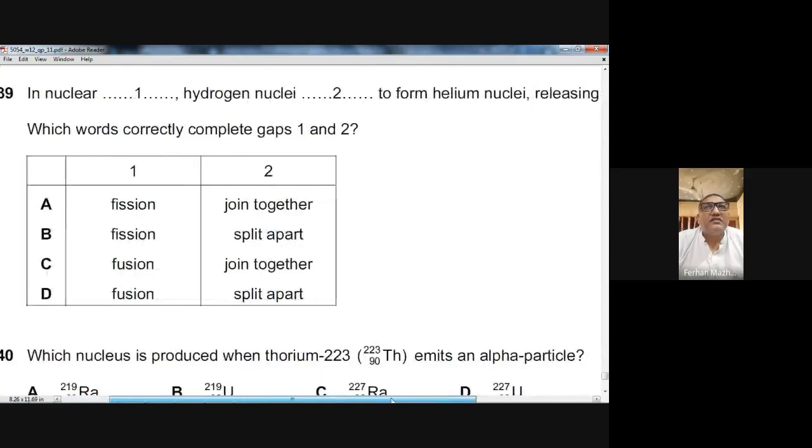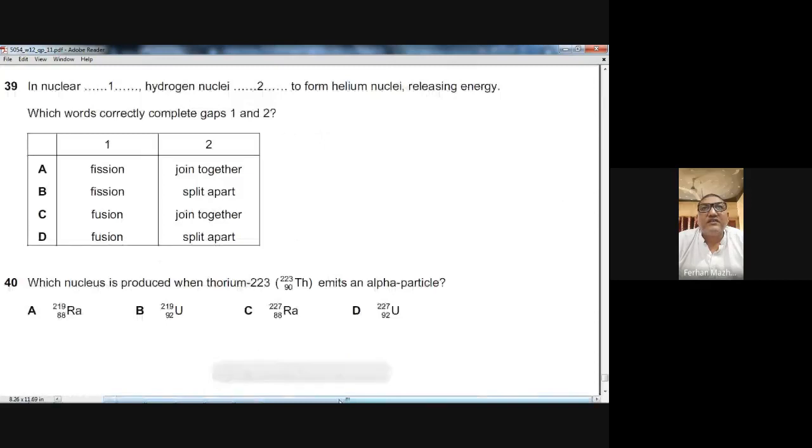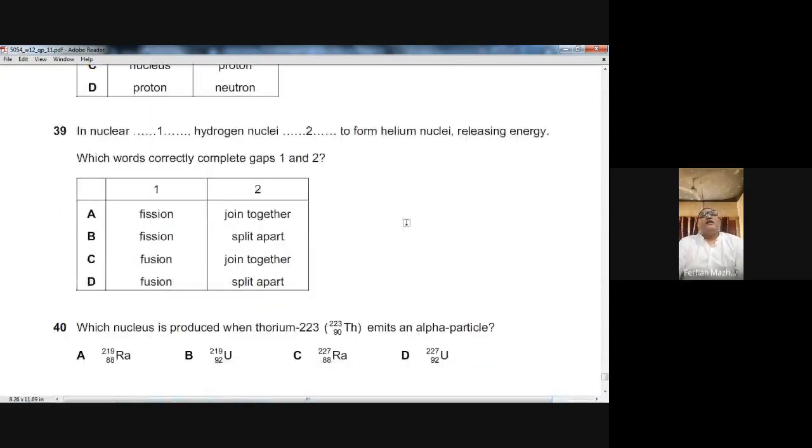In nuclear dash, hydrogen nuclei dash to form helium. So in nuclear fusion, hydrogen nuclei join together to form helium nuclei, releasing energy.